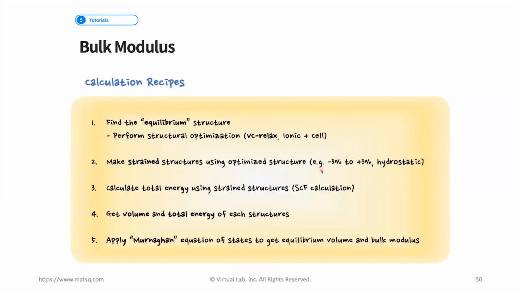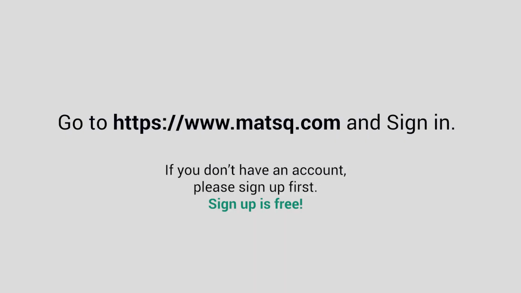For example, we have an optimized structure here, and then we compress it by -3 to 3% hydrostatically. Then calculate the total energy of all of them using SCF calculation, get the volume and total energy for each structure, and then apply the Murnaghan equation of state to get the equilibrium volume and bulk modulus.